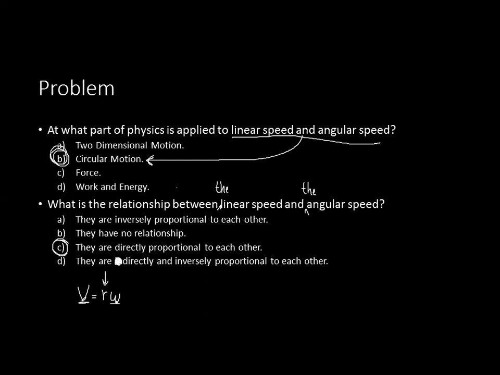If we have this one, it implies that if W increases, your V increases, okay? So that means if your angular speed increases, then your linear speed increases as well, and vice versa, okay?